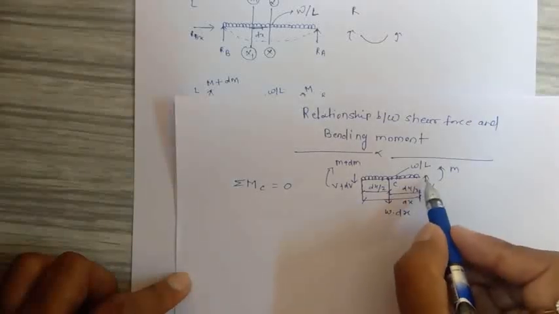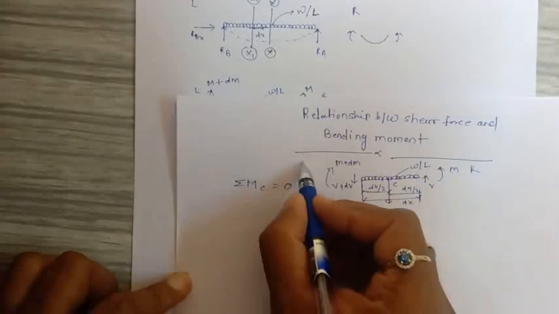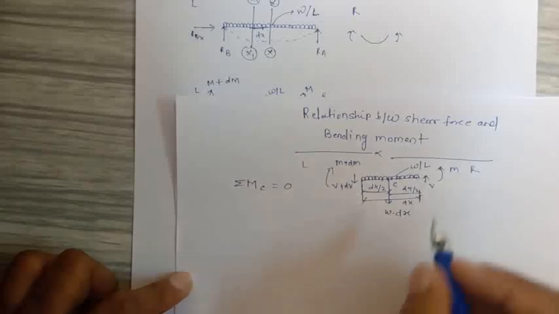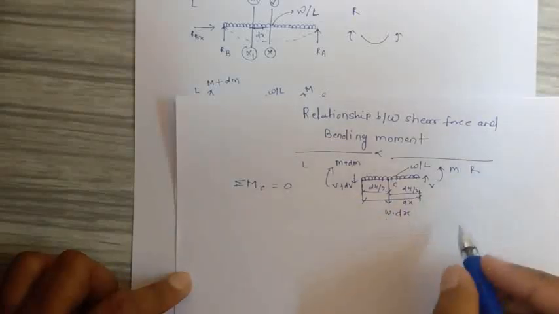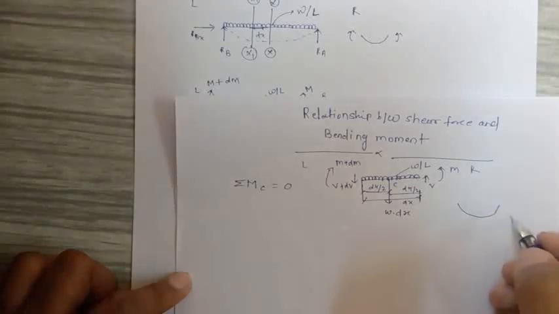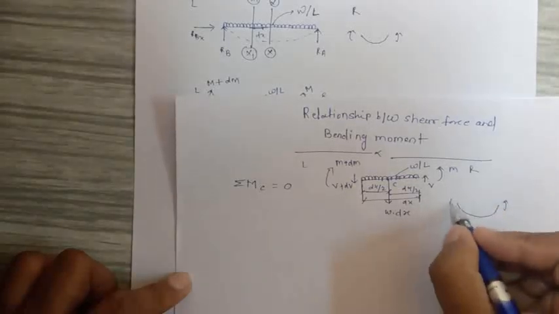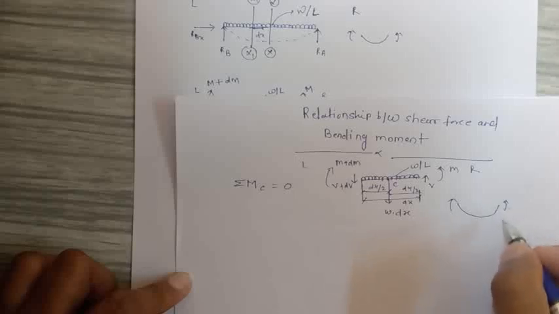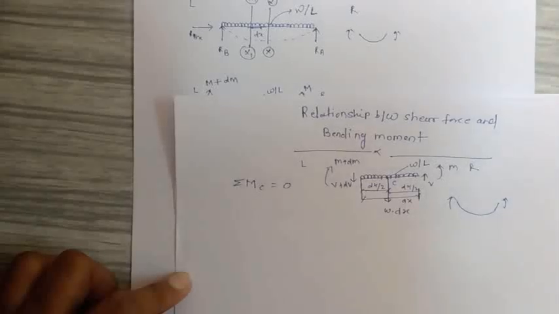We take all the moments, moving from right to left, because this is called sagging. In sagging, the bending moment which tries to move the beam up is taken positive.